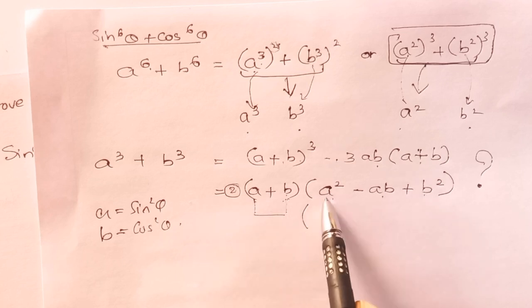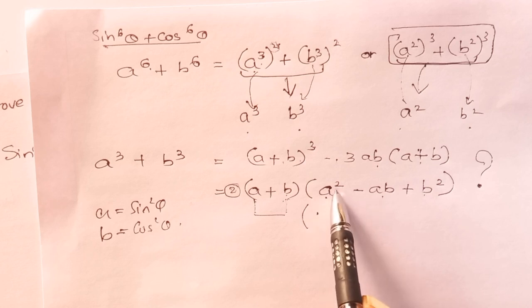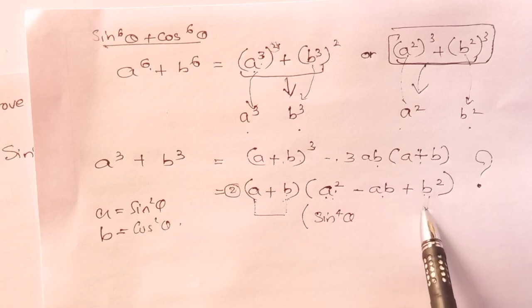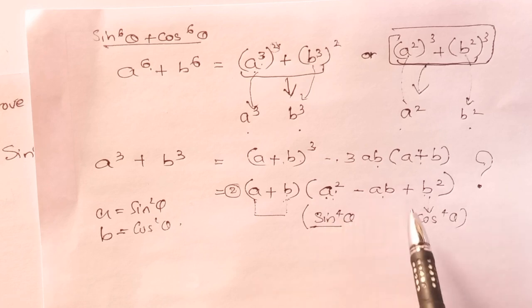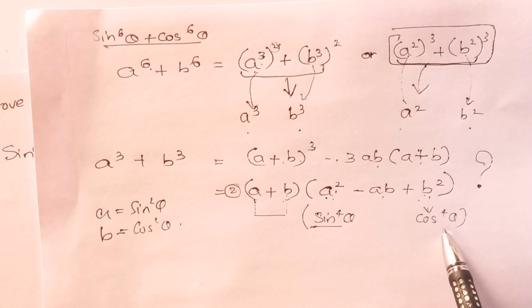But when you look at this portion, it remains sine square theta the whole square. So here we get sine raised to 4 theta, and here we get cos raised to 4 theta. So again we are forced to simplify sine raised to 4 theta plus cos raised to 4 theta, which extends the steps more and more.